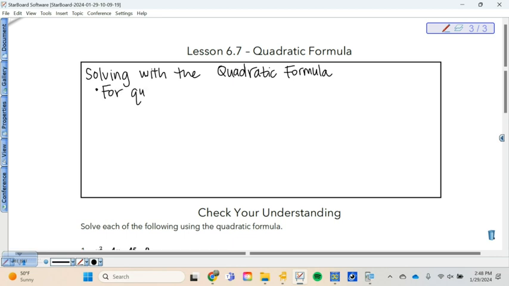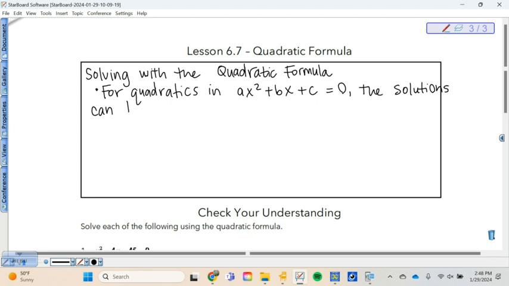For quadratics in general form, so ax squared plus bx plus c equals 0. For quadratics like this, the solutions can be found with x equals negative b.